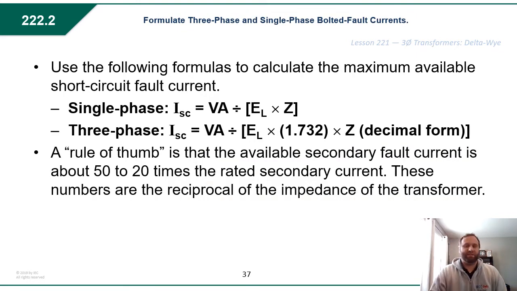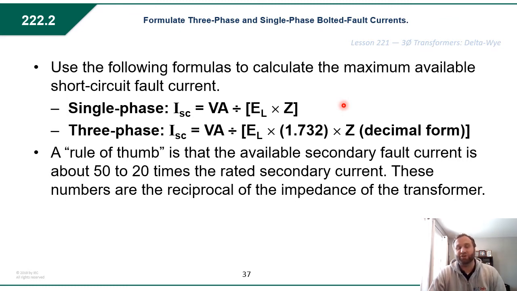Short circuits for three-phase versus single-phase. We've talked briefly about single-phase last semester. I of short circuit equals volt amps divided by the E of line times the Z of the circuit or the apparatus or the transformer.